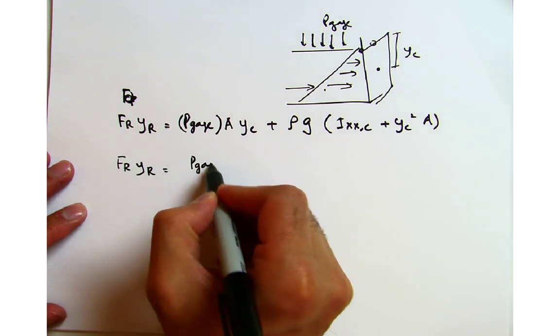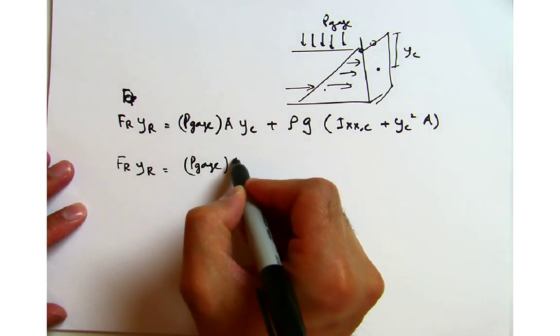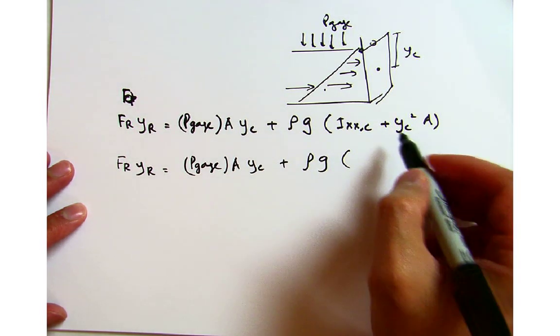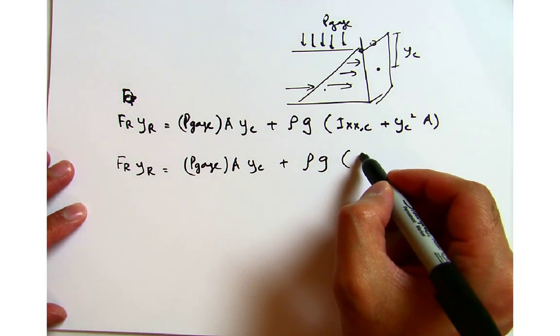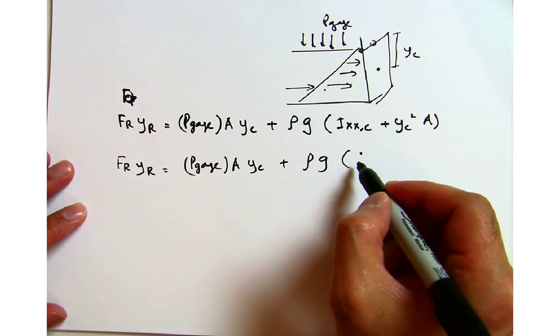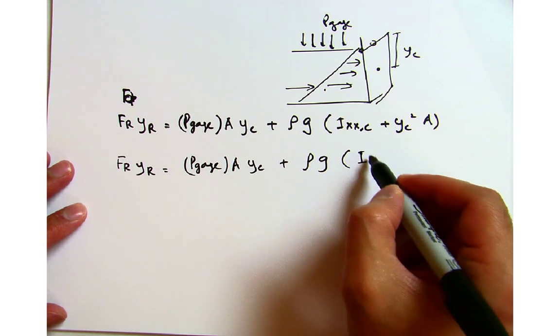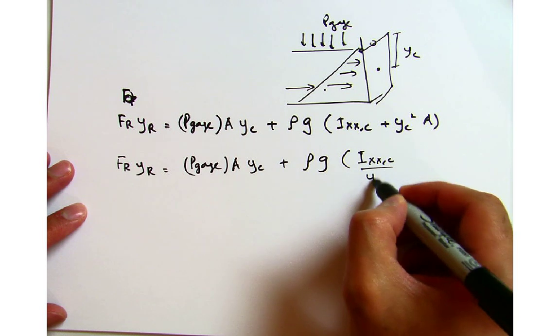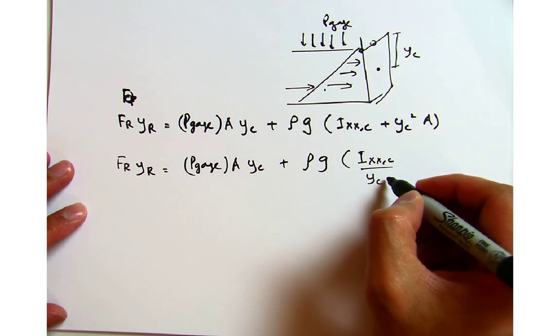So P_gauge A times Y_C plus rho g, and this time I'm going to divide and multiply I_xxC, just to bring that in the form that we are familiar with.